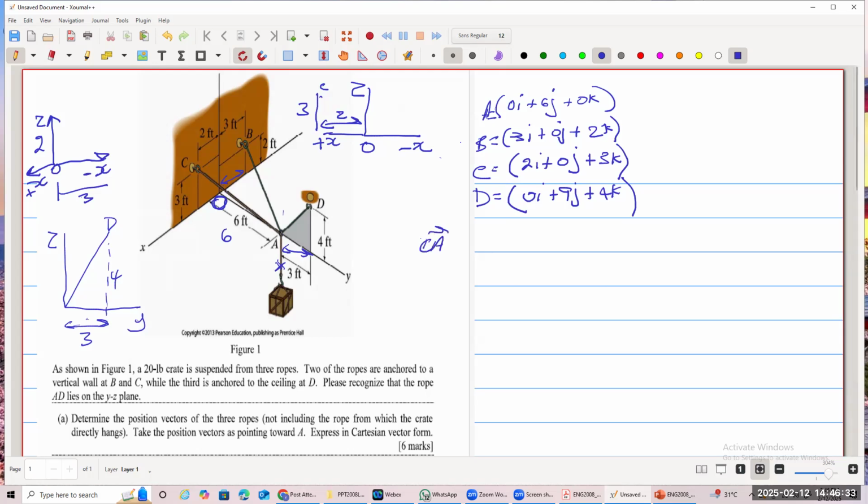CA is going to be equal to A minus C. If you're doing it the long way, practice it this way first, and when you get comfortable with it, you are able to just write it as you go. So A is 0, 6, 0, and then C is 2, 0, 3.